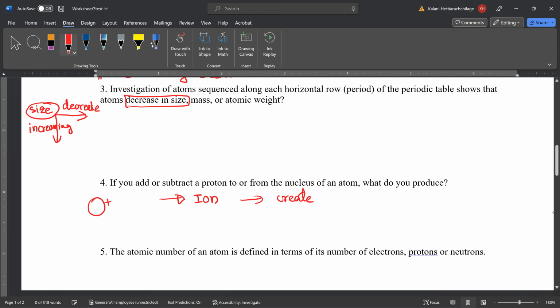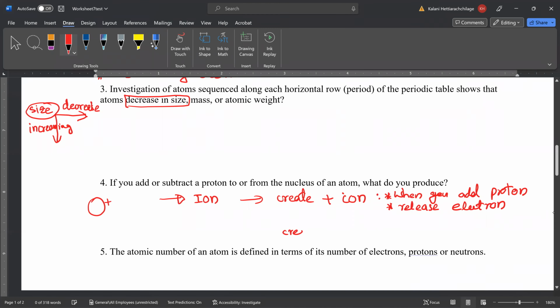Create a positive ion when you add a proton. In other words, when you add a proton, or you release an electron, same thing, both cases will create a positive ion.